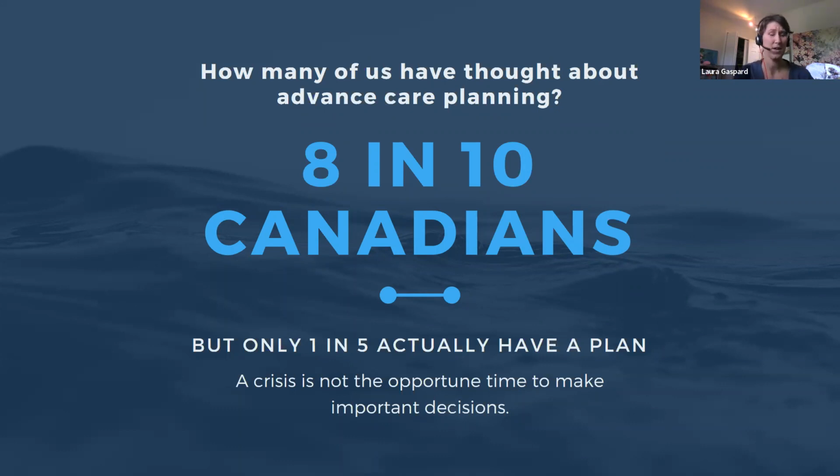In the end, when there's a crisis, that's not the time to start making those important decisions, when everyone's feeling very chaotic and emotions are high. If we don't have this information on hand, it can be really distressing to try to figure out what is the quote unquote right thing to do going forward for that person who needs the healthcare.